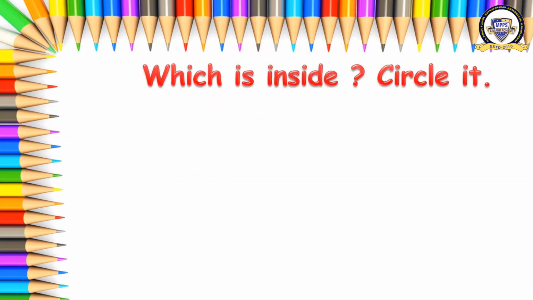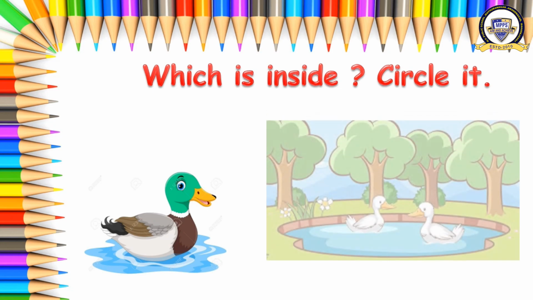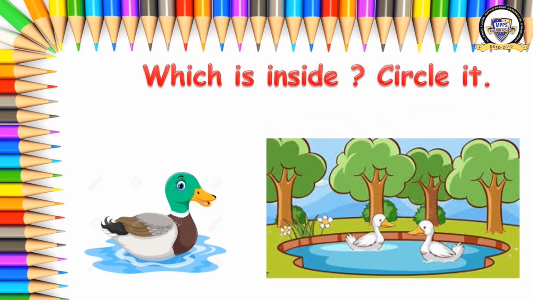Good. So, next question. What is the question? Which is inside? Circle it. In this question also, you will mark the inside thing. Ready? Okay. Duck in water. Here also ducks in water. But there is a difference.